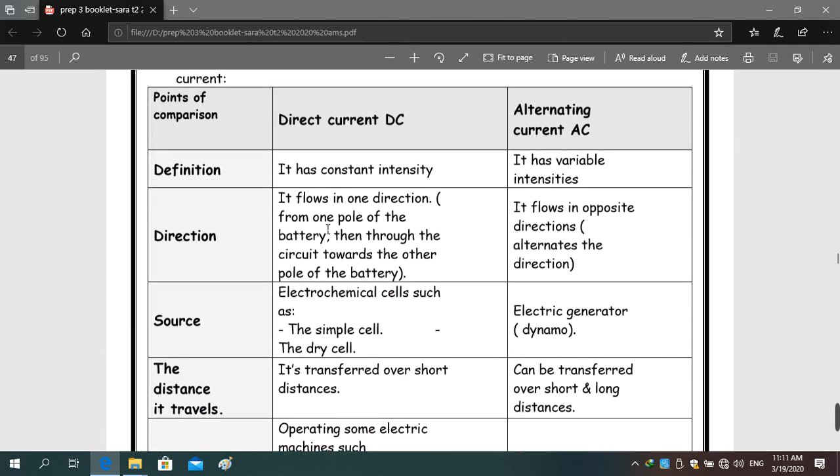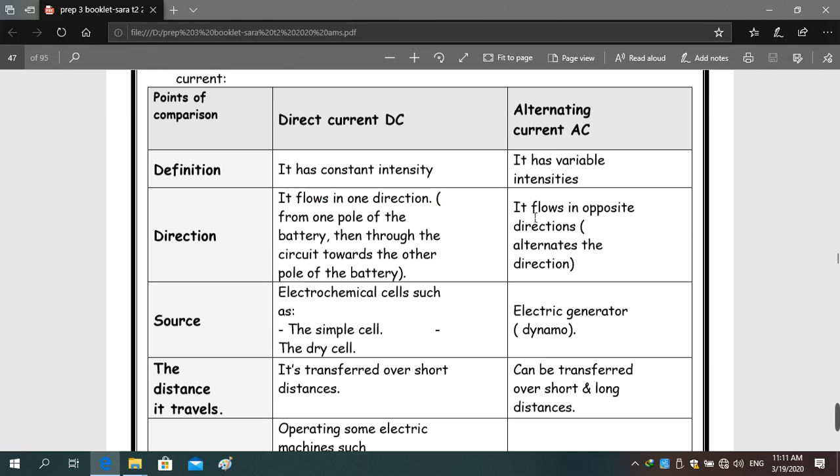Regarding the direction of the direct current, the electric current flows in the conductor in one direction, from the positive pole to the negative pole in the battery, as we knew before.